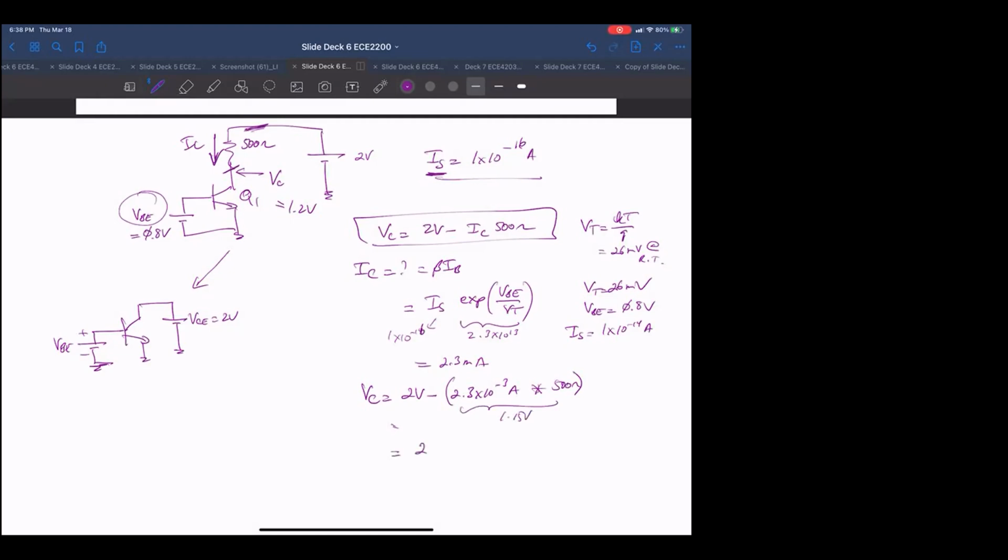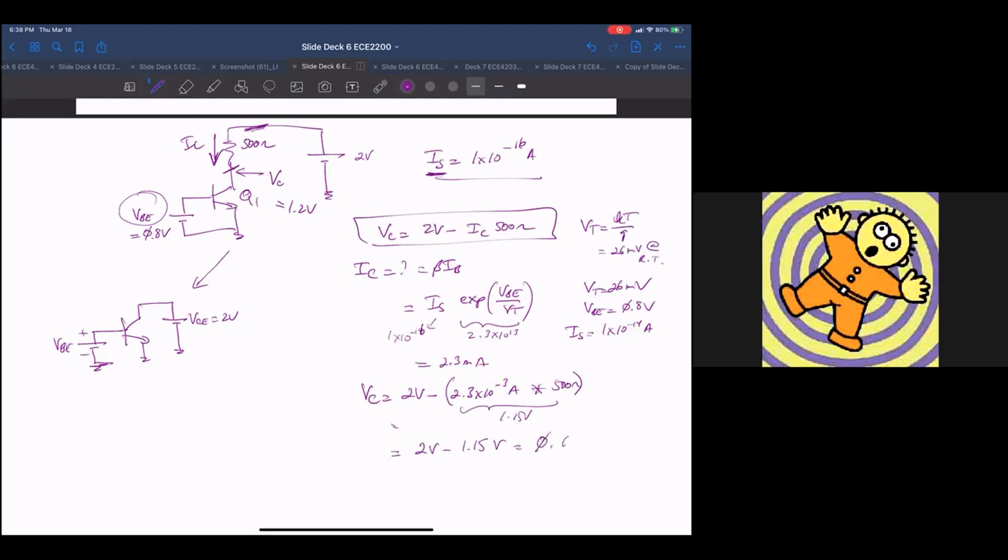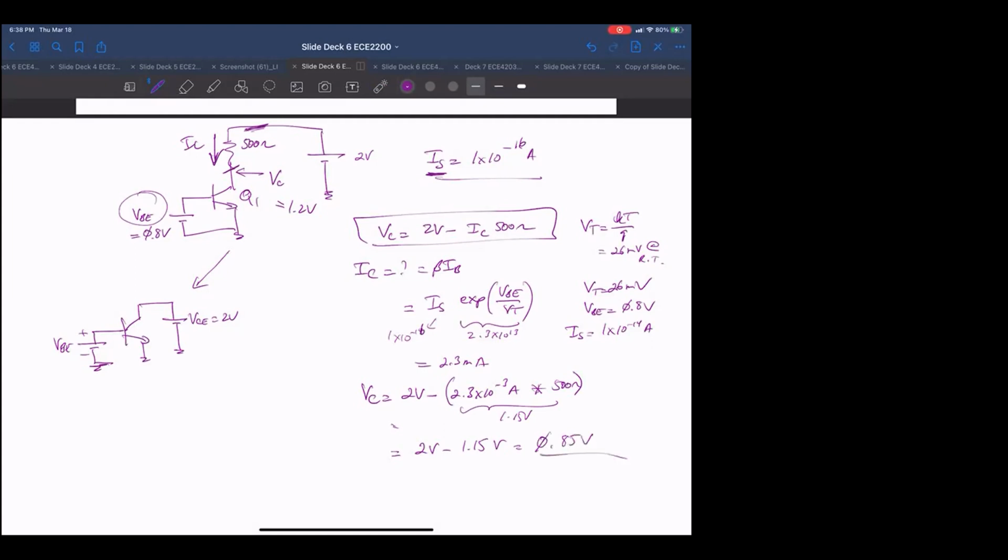So this is equal to 2 volts minus 1.15, so this is 0.85 volts. Okay, great. So we have 0.85 volts here.